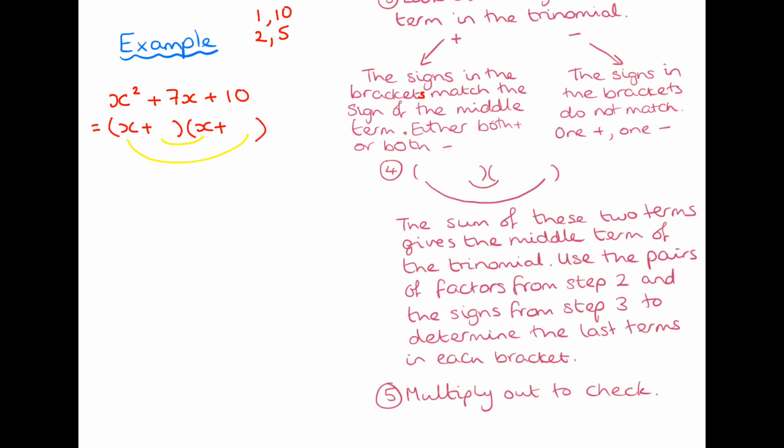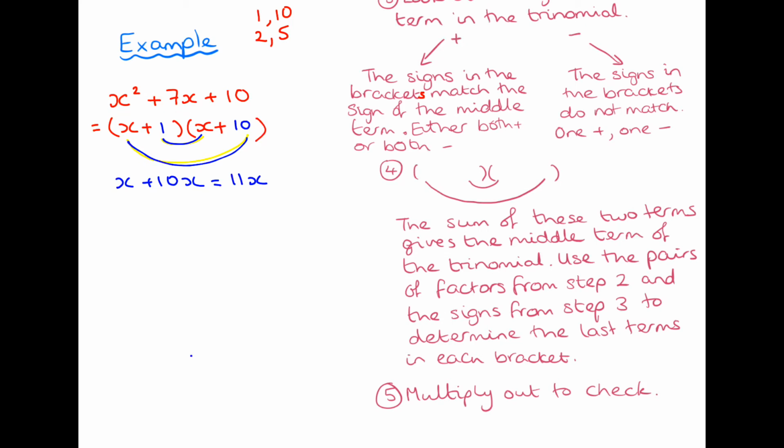If it was 1 and 10, then we'd have 1x from that and 10x from that, and that would give us an 11x, wouldn't it? And we're not looking for 11x, are we? We're looking for 7x. So that won't work.